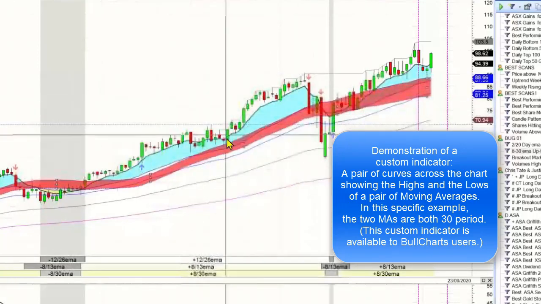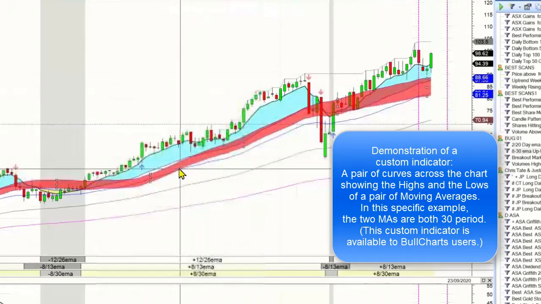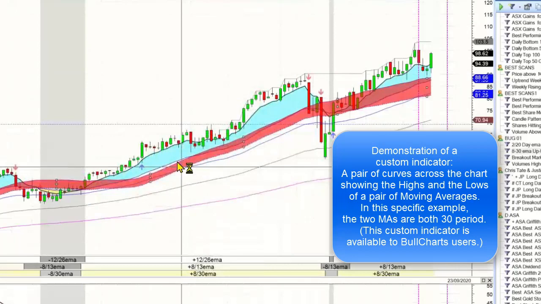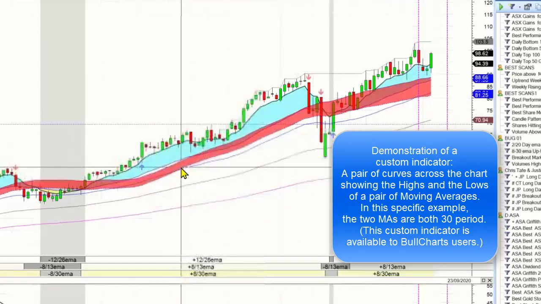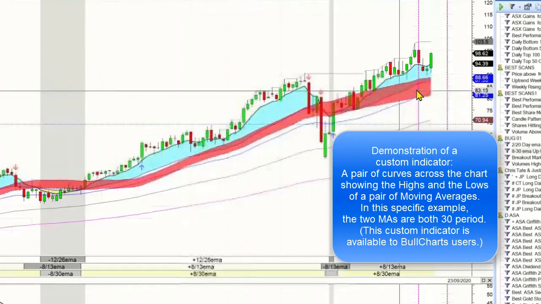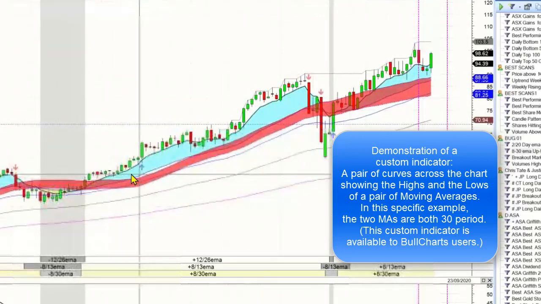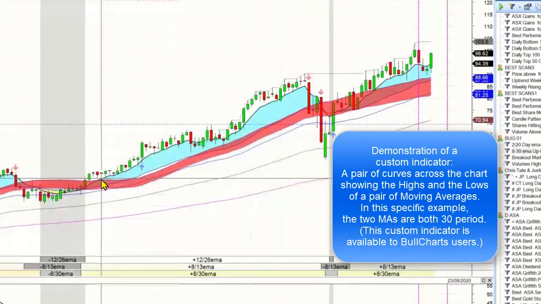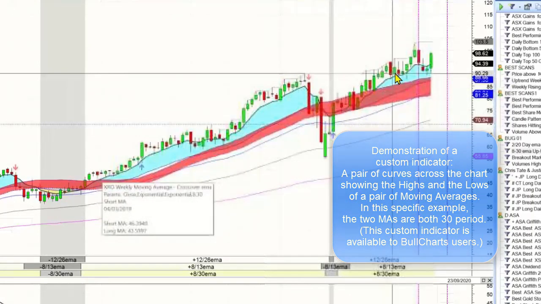You may not want it, but I found this in my wanderings around the internet, and I designed it as one of my indicators. That's simply the 30-period moving average of the high and the low over the period, and you can see there's a bit more volatility here. This guy was simply saying you buy above that and sell below it.